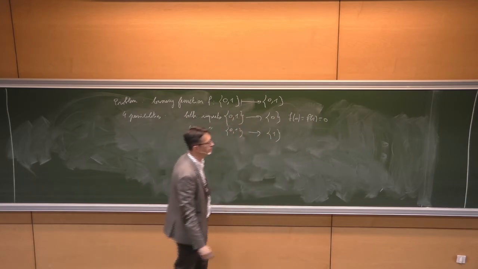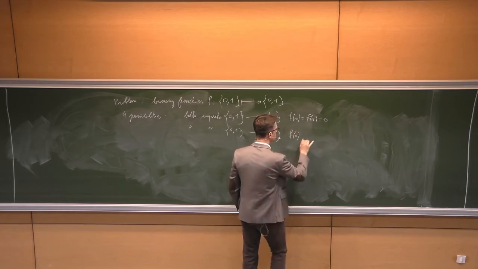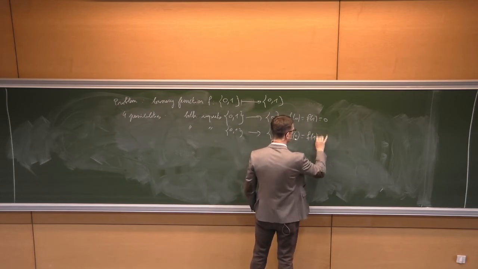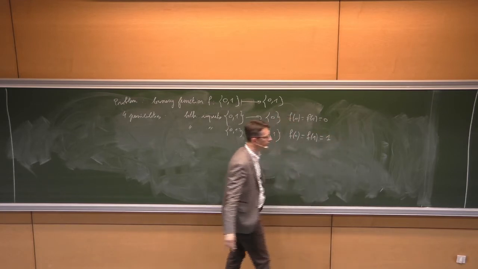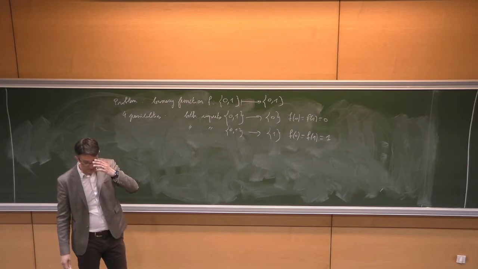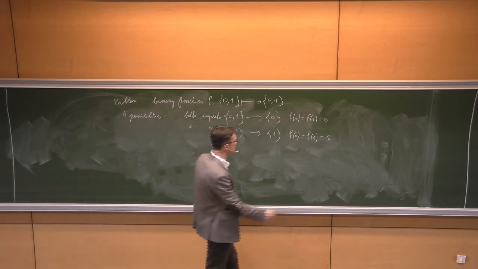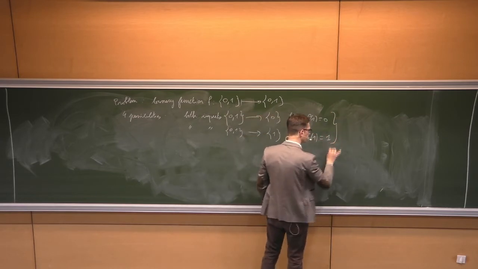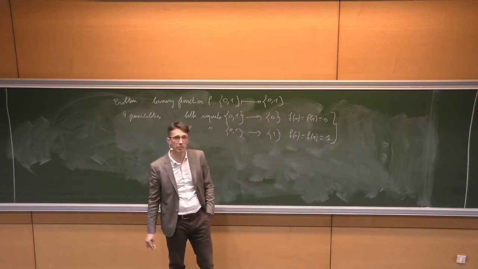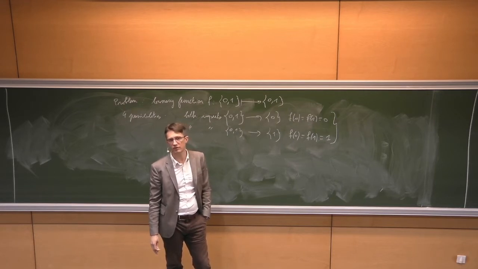So that means that f0 equals f1 equals 1. And these 2 cases are a specific family, the family where f0 equals f1.